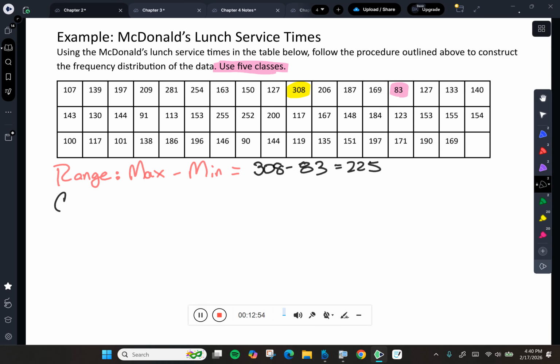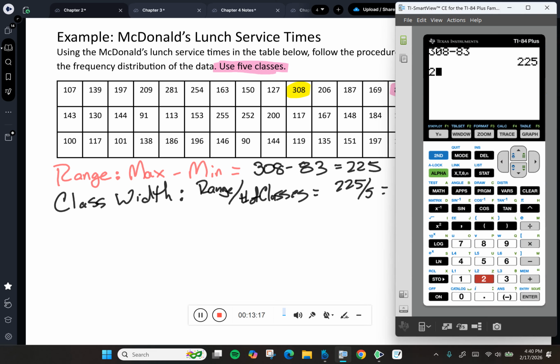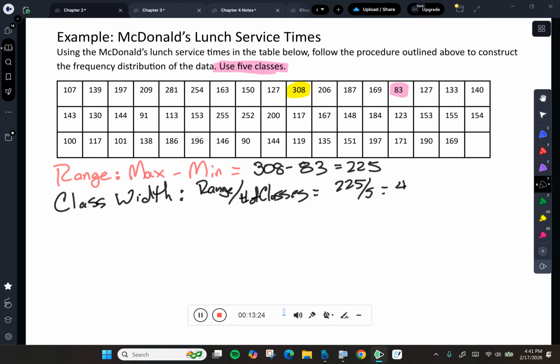And now to find the class width, I'm going to take the range, divide it by the number of classes. So that's going to give me 225 divided by 5. So 225 divided by 5, and I get 45. Ha! Who would have thought it worked out nicely?